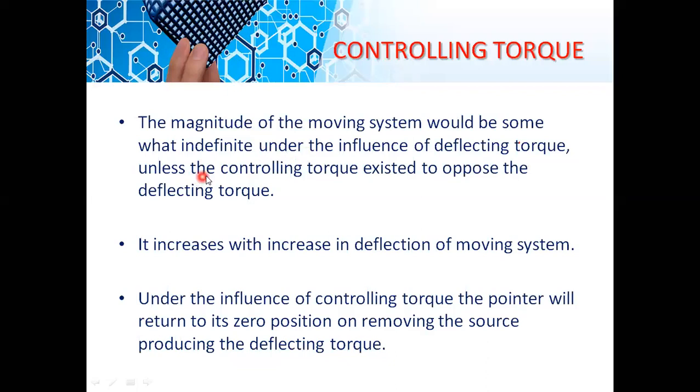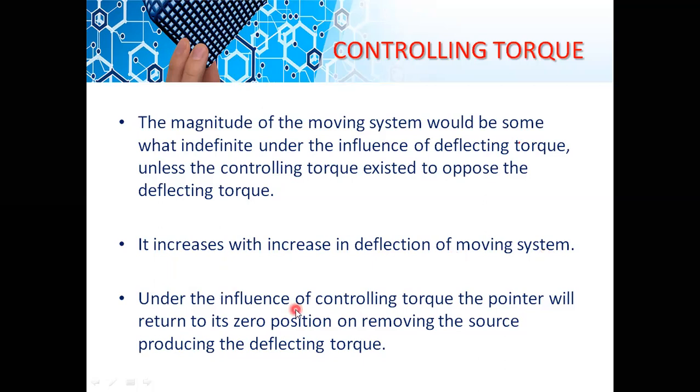So we have to stop the movement of the pointer or the moving system. For that we require controlling torque. The controlling torque will oppose the deflecting torque. Now what should be the characteristic of the controlling torque? It should increase with the increase of deflection. That means it increases with the increase in the deflection of the moving system.